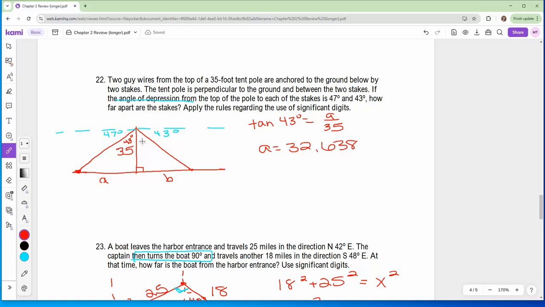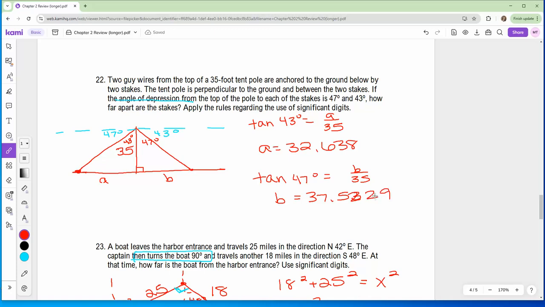Over here, 90 minus 43 is 47. So tangent of 47 degrees equals opposite over adjacent. Side B is 37.52 or 329.